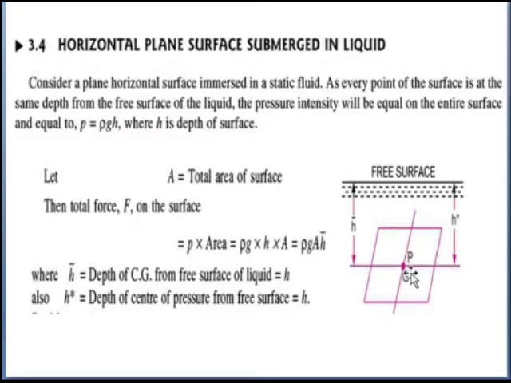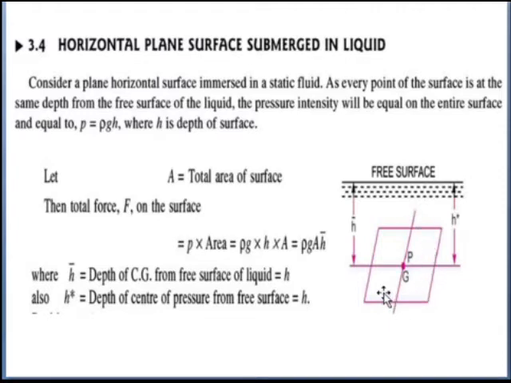Every point of the surface is at the same depth from the free surface of the liquid. Here is the free surface of water. So this plate is at an equal distance from the free surface of the liquid at every point.